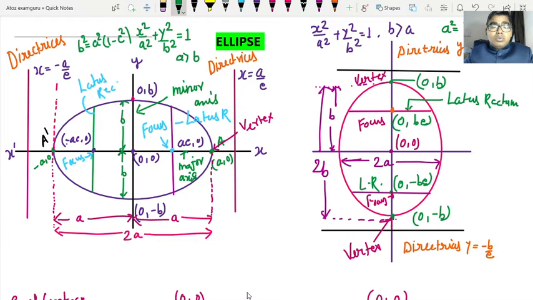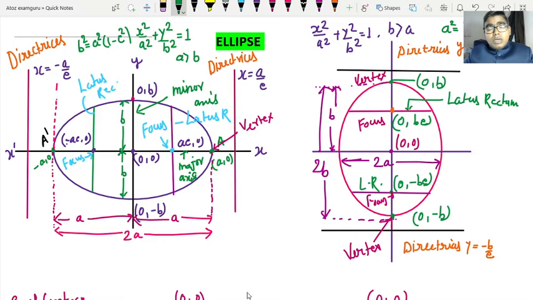From a dash to origin it is a, and from origin to a it is a, so the total length of the major axis is 2a. Similarly, origin to this point is a small b, and origin to this point is a small b, it is the minor axis, and the total length of the minor axis is 2b.